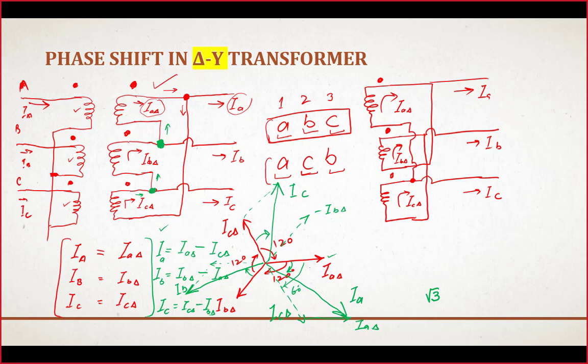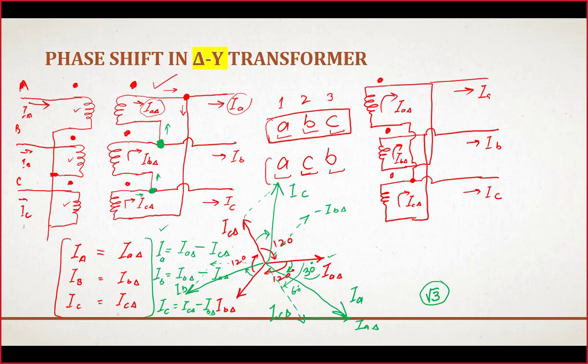So due to this reason, this angle will become 30 degree. Same is true for the other. It means the line current is greater than the phase current by a factor of under root 3 and lagging behind the corresponding phase current by an angle of 30 degree.